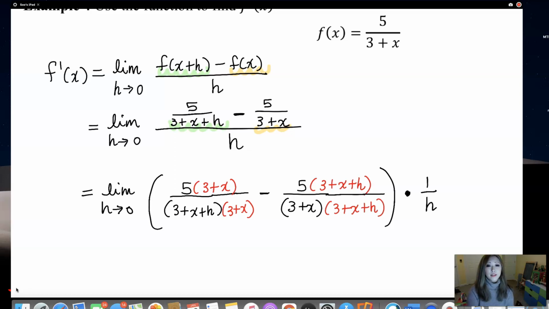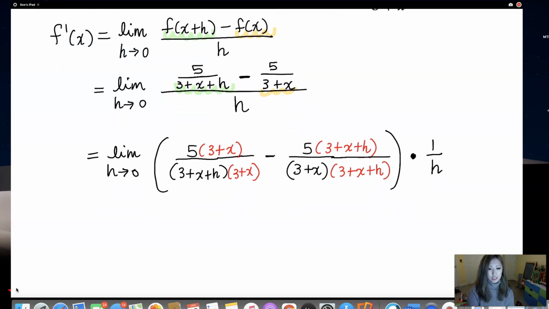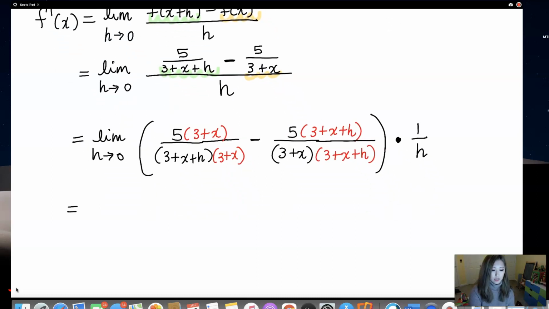Because dividing by h is the same as multiplying it by 1 over h, right? Okay, so let's combine this nasty looking rational expressions. I will go ahead and write the numerator in a single line. Look, what I'm circling is the numerator, okay?